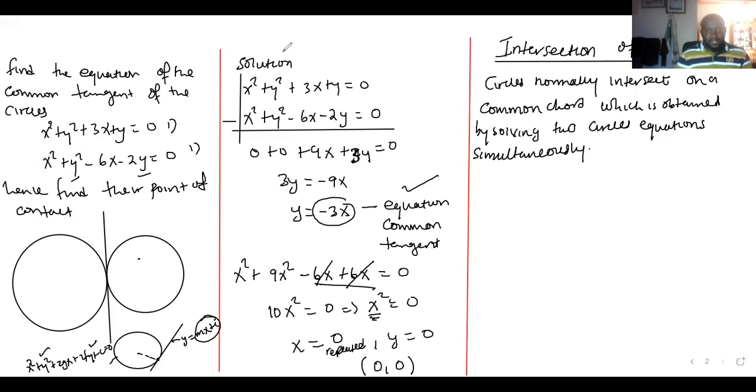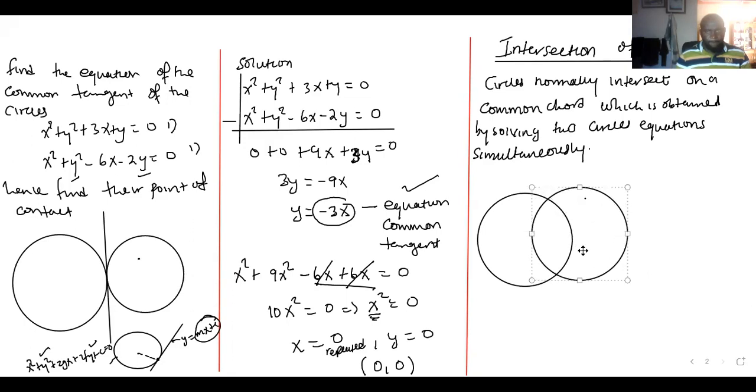Okay, so as an illustration, we have one circle here and another circle here. See those two circles, they are intersecting very well.